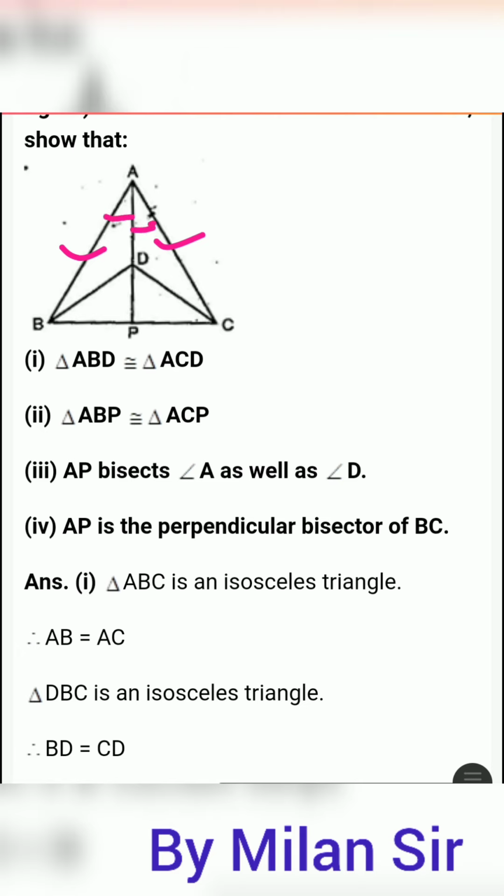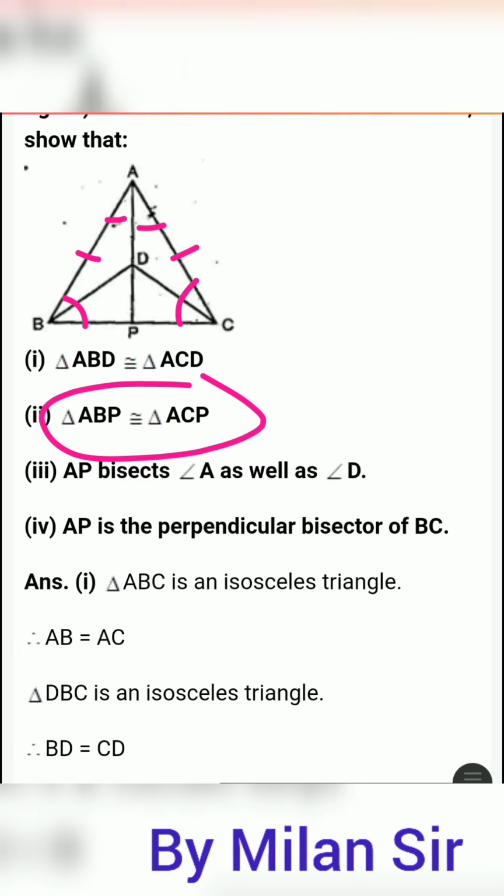By using CPCT, we can say that these two angles are the same. In the second question, these two angles are the same, and this side is the same, so by using the angle-side-angle criterion, we can prove this.